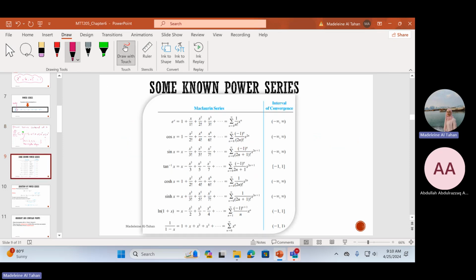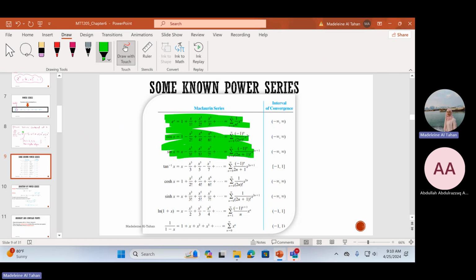Now, if you still remember, you took Maclaurin and Taylor series in calculus 2. Here, just to recall, if you look at this series it converges to e^x, this series converges to cosine x, and this series converges to sine x, and so on. These are the ones that I think you memorized when you were in calculus 2.